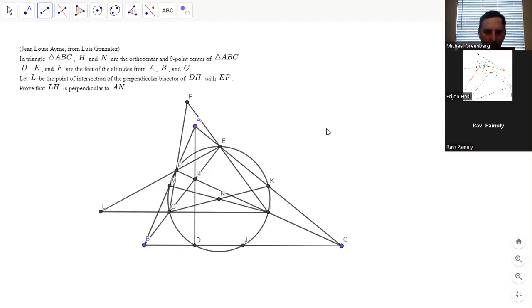So K, we have KG and KE. So we have the intersection of MF with KE, and then we have MI with KG, and then like is this just Pascal's?